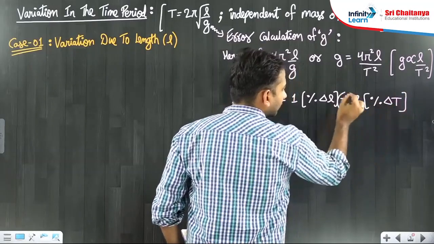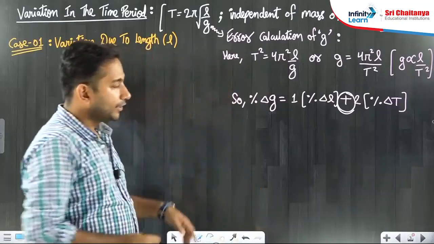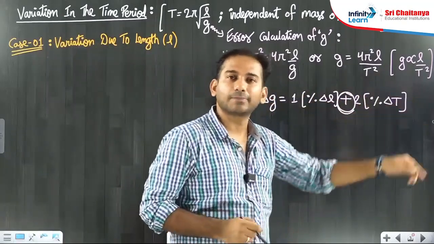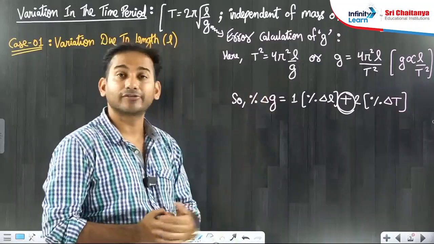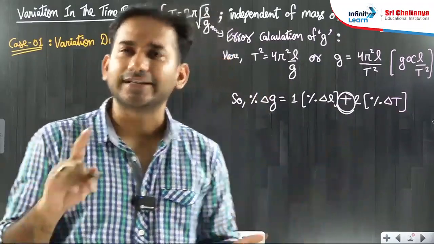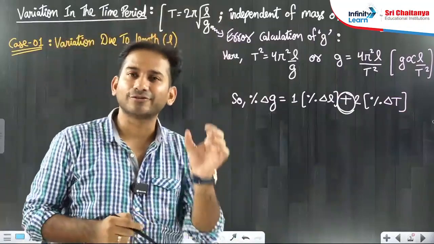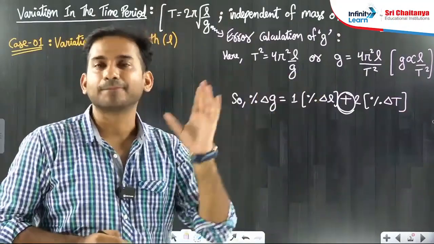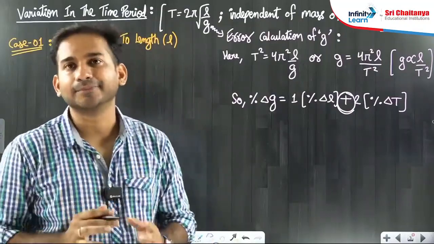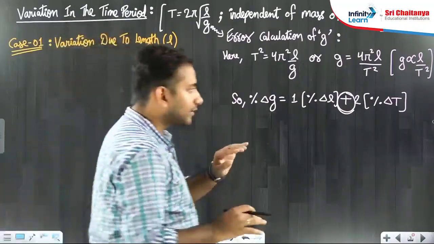So shouldn't you write it minus here? No. If you are dealing with percentage changes, then you should consider plus or minus depending upon the sign of the power. But errors never compensate each other. That's why NCERT also gives you the heading of error propagation. Errors always propagate. Errors are always added, they never compensate. Errors are never subtracted.